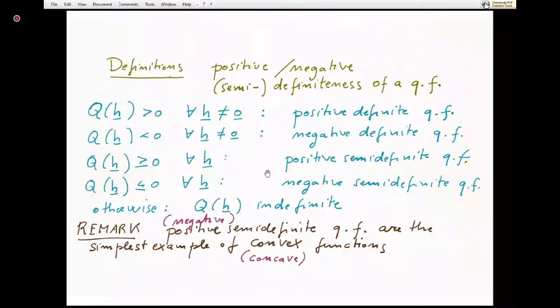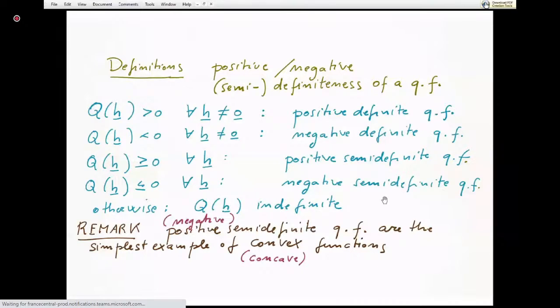By the way, this is not a theorem, this is just a remark. Negative semi-definite quadratic forms are the simplest possible example of concave functions. Positive semi-definite quadratic forms are the simplest possible example of convex functions in n variables.